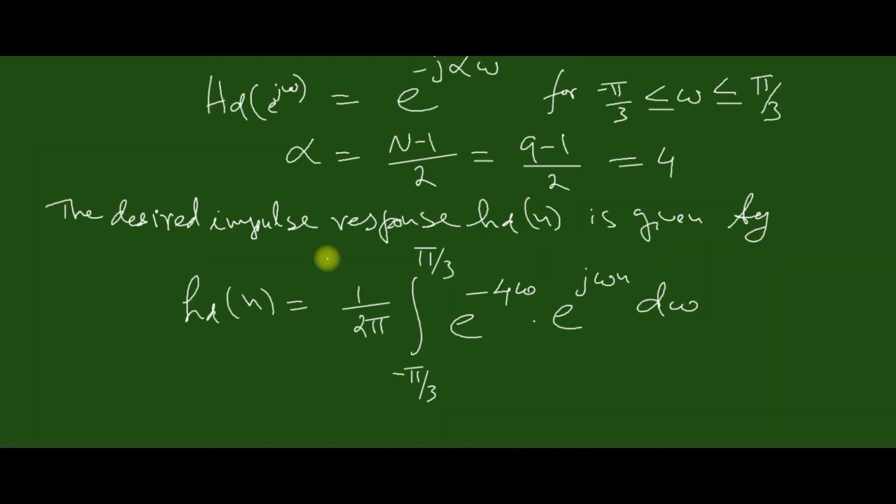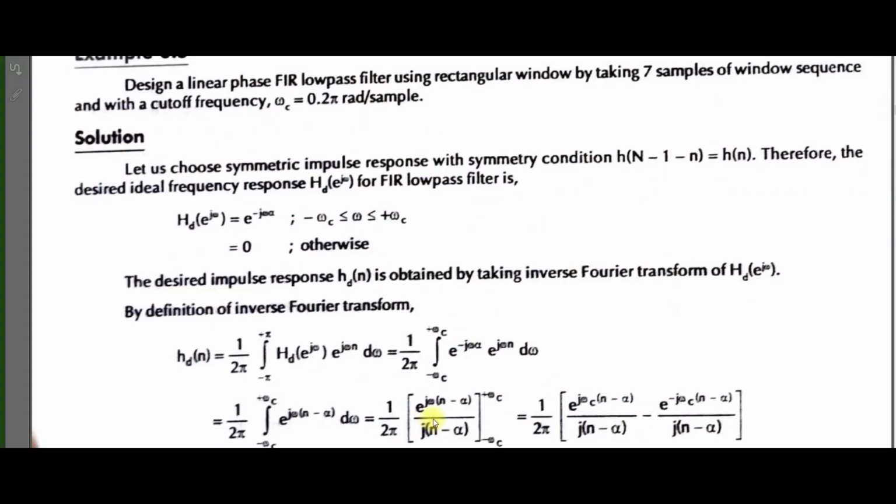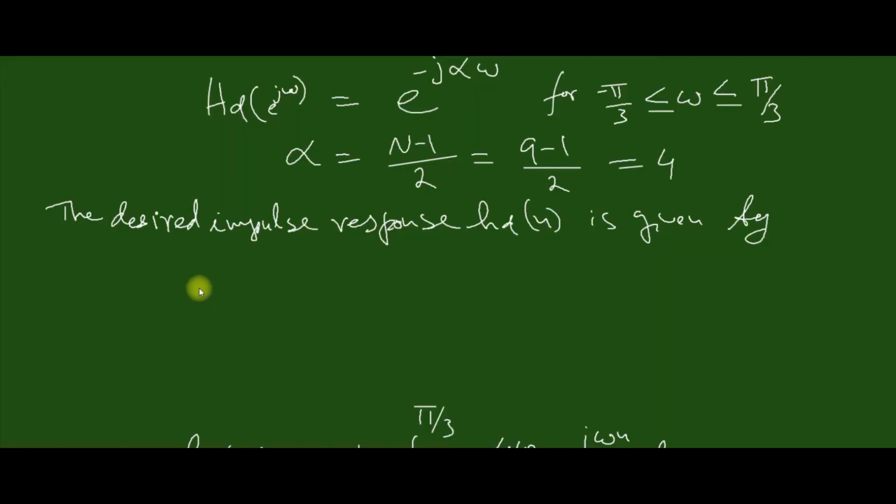So the desired impulse response HD of n is given by the inverse Fourier transform of the HD of e raised to j omega. Before that, let us write the expression also.